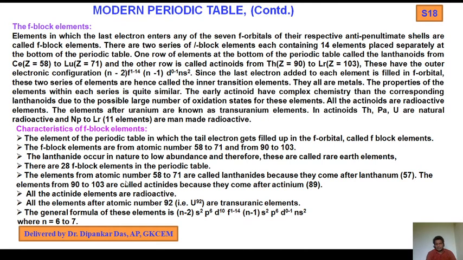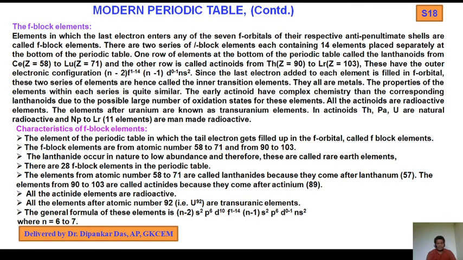The elements from atomic number 58 to 71 are called lanthanides because they come after lanthanum, and the elements from 90 to 103 are called actinides because they come after actinium. All the actinide elements are radioactive. All the elements after atomic number 92, that is uranium, are transuranic elements.